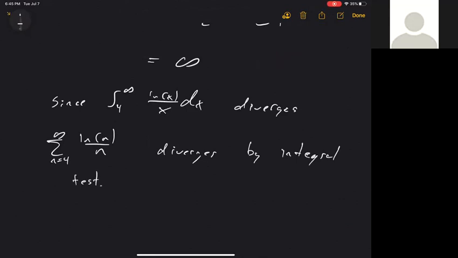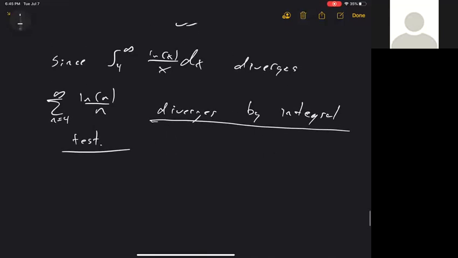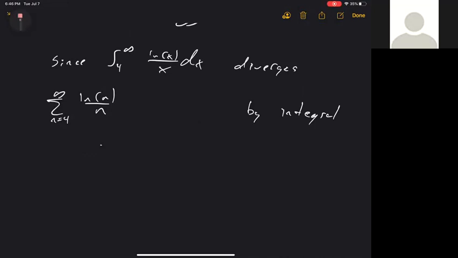Okay. And this kind of shows a point that I want to hammer home to you guys, that whenever we use a test, we need to state the test. It's not enough to just say diverges. If I had done all this work and just said diverges, I'm going to lose some points, right?